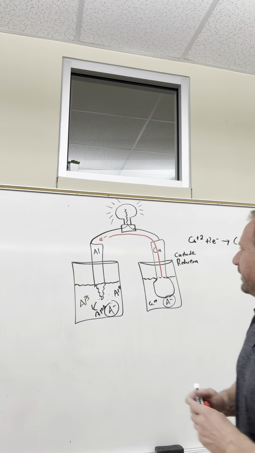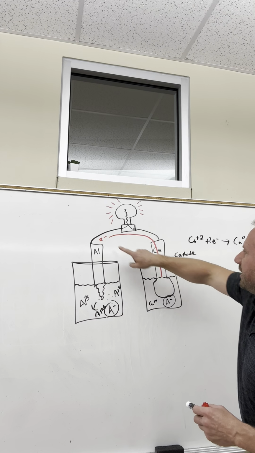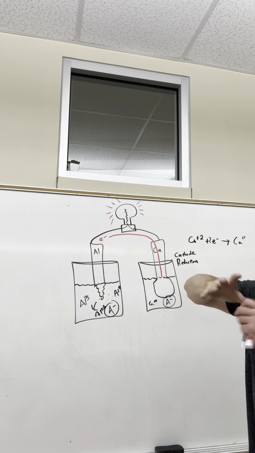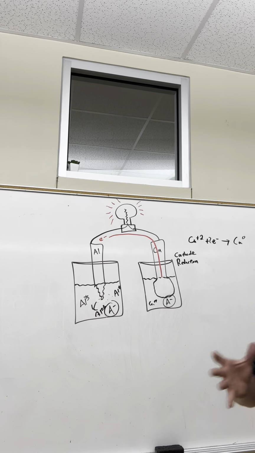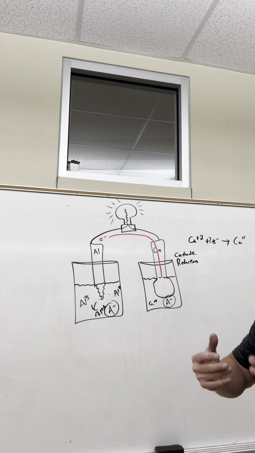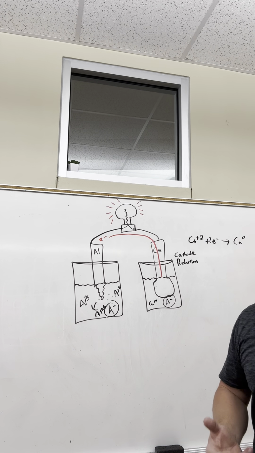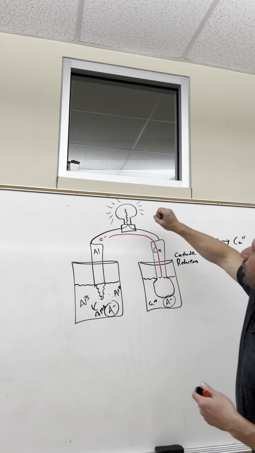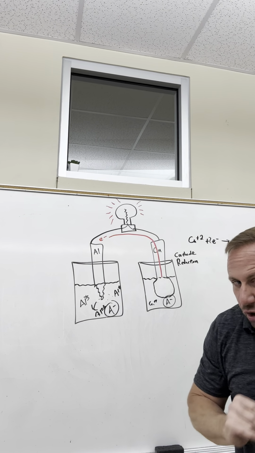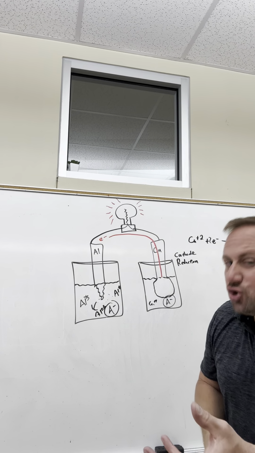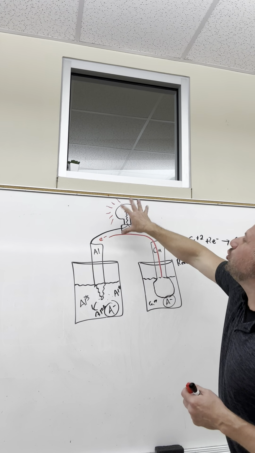So what ends up happening is those electrons, as they travel, will create heat. They'll create an ability to do some work for me. So they're able to create some energy. Energy is the ability to cause change. Energy is measured in joules. So we have some joules on here.